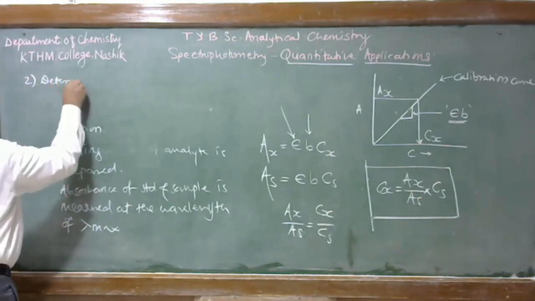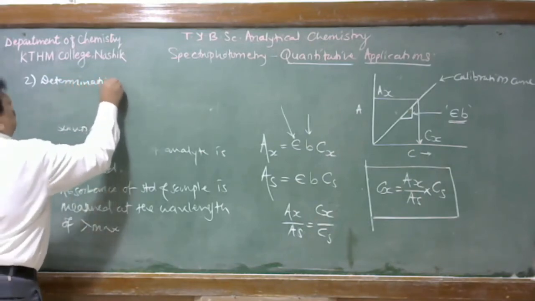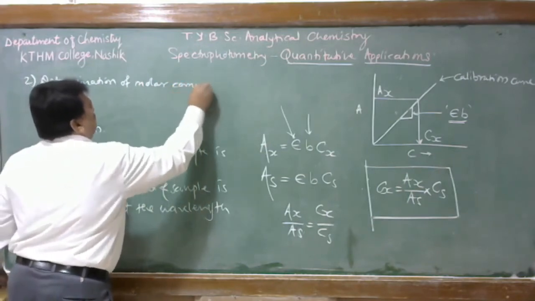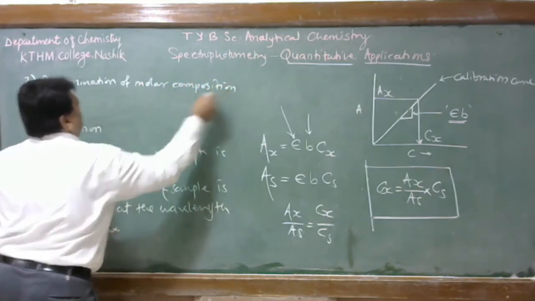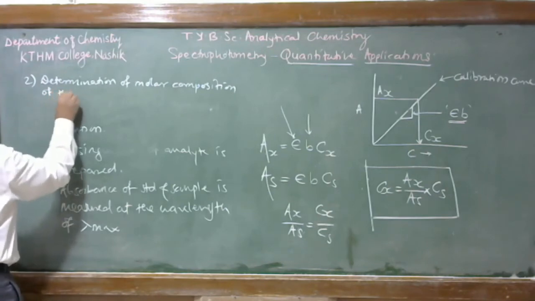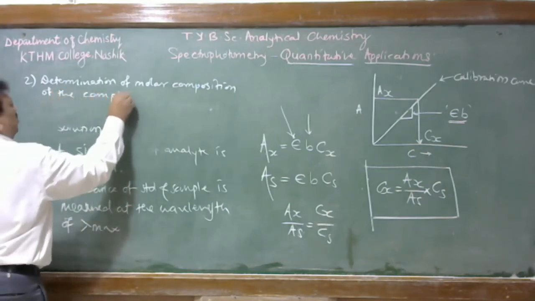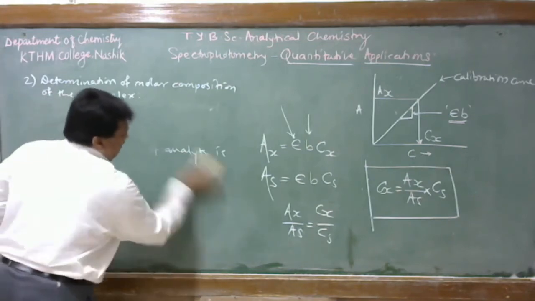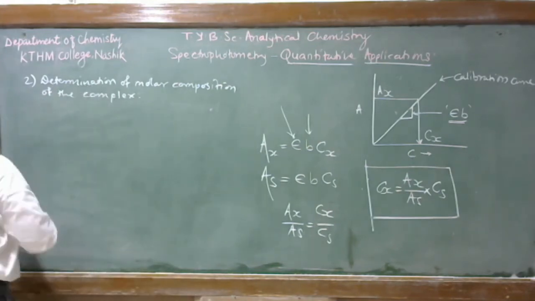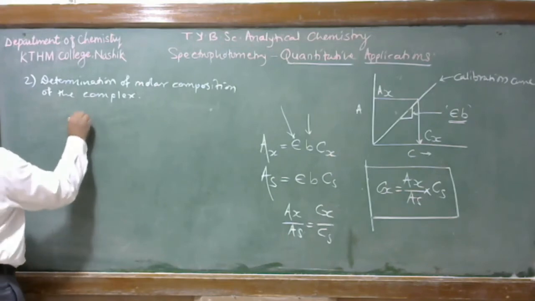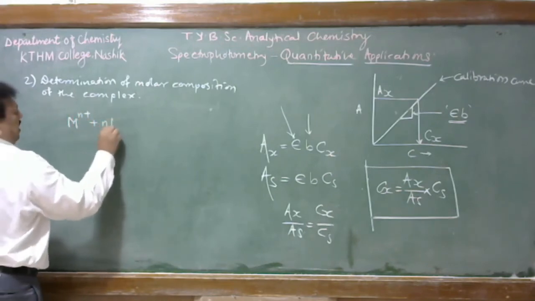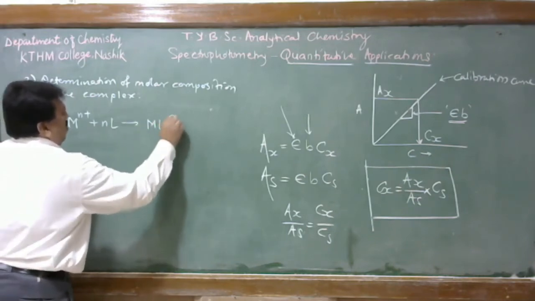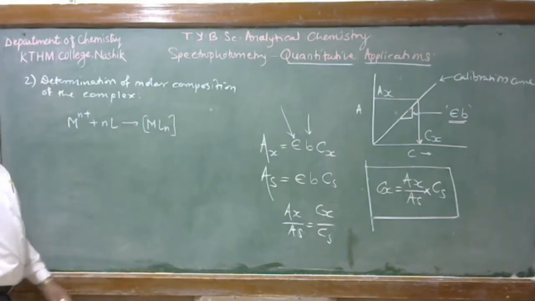Determination of molar composition of the complex. We know that a complex is a coordination compound formed by the combination of a metal ion and different ligands. In this case the metal ion is the central metal ion, and the ligand is the species that forms the coordination bond to form a complex.